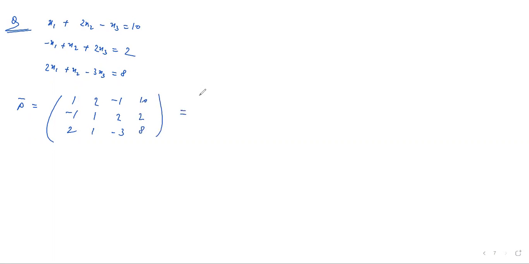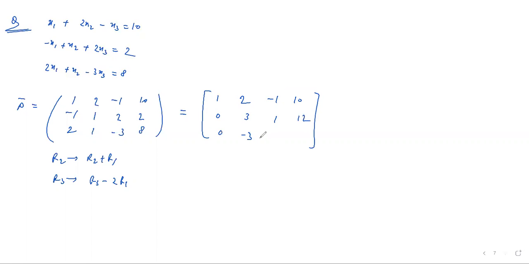Now reduce them into the canonical form. Let's apply the transformations: in R2 we apply R2 plus R1, and in R3 we apply R3 minus 2R1, which gives 1 2 minus 1 10, 0 3 1 12, and 0 minus 3 minus 1 minus 12.